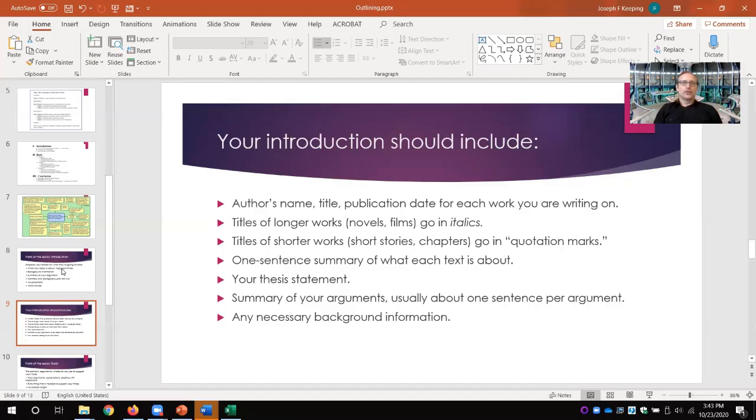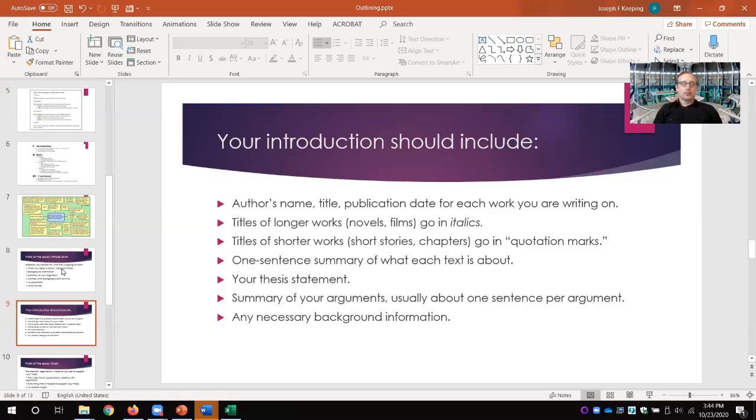Some instructors will tell you that your thesis statement should be the last sentence in your opening paragraph, and that sets it apart. I'm not really advising you to do that, because in addition to your thesis statement, we want to see in your introduction a brief summary of how you're going to support your thesis.